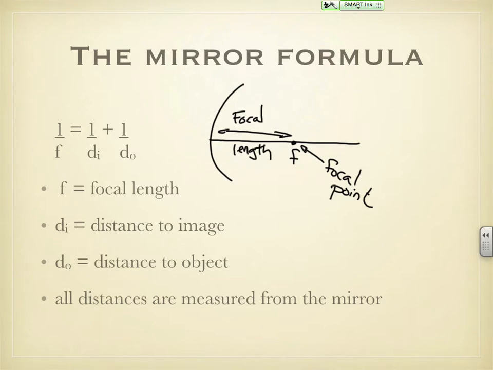That make sense? So the focal length is what goes in here. And then the distance to the image and the distance to the object are measured from the mirror. So if my object was over here, then this would be the DO. And when that image formed over here, this would be my DI. Hooray! That's so pretty.